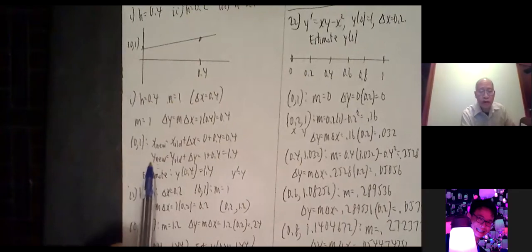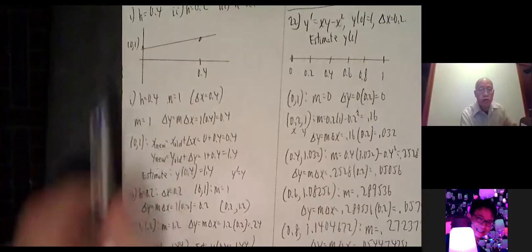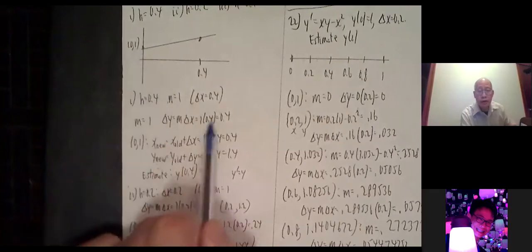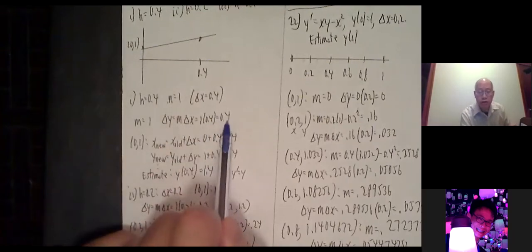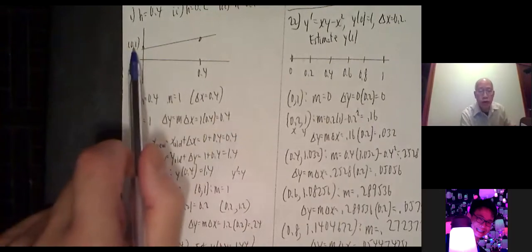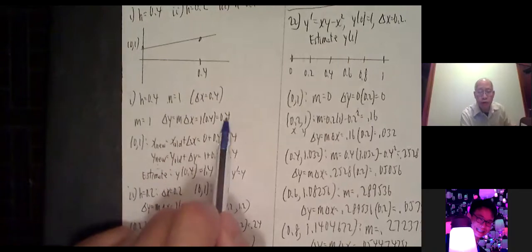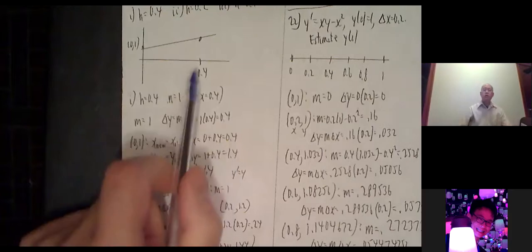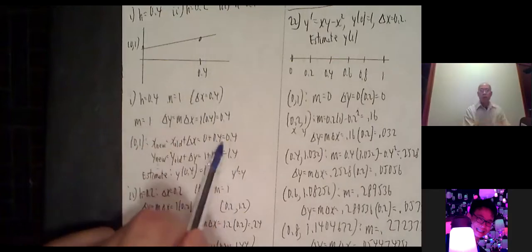What's the new y value? It's the old y value plus delta y. So what was my old y value? 1. What's my delta y? 0.4. So if I used to be at 1, I go up 0.4. Now I'm at 1.4. So my new point is 0.4, comma 1.4.